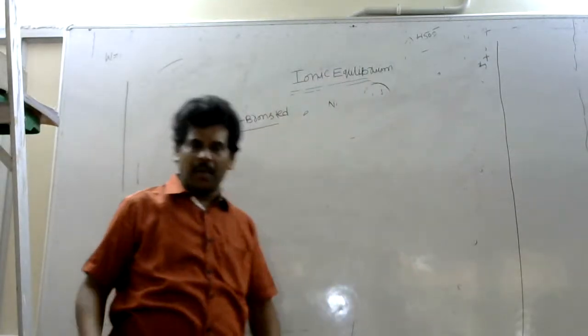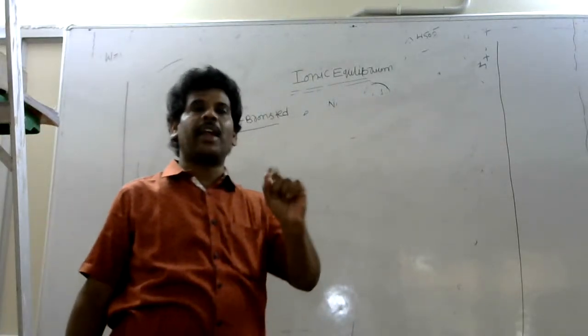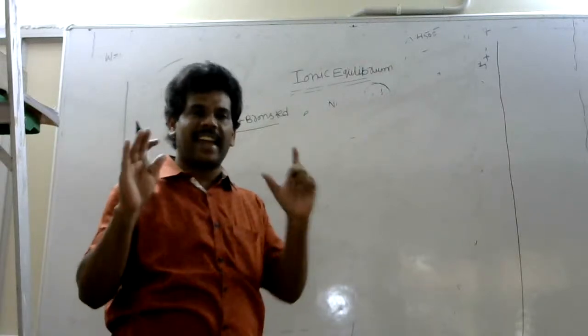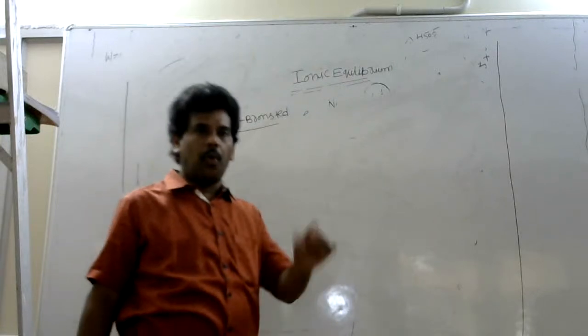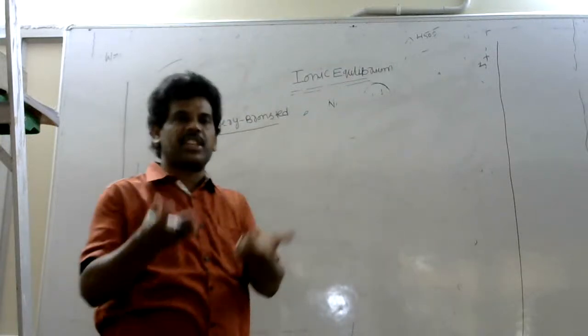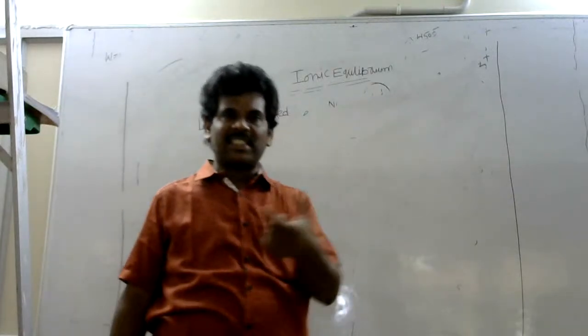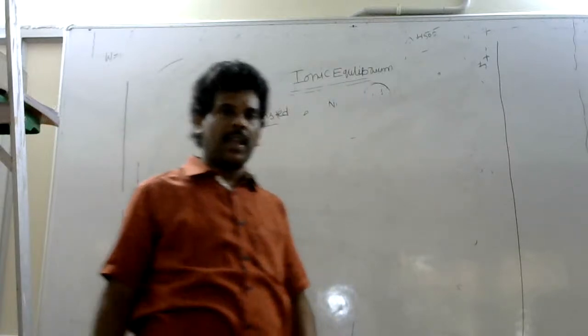In this theory, what is acid? A substance that donates a proton to another substance acts as a Lowry-Bronsted acid. What is base? A substance that accepts a proton from another substance acts as a Lowry-Bronsted base.